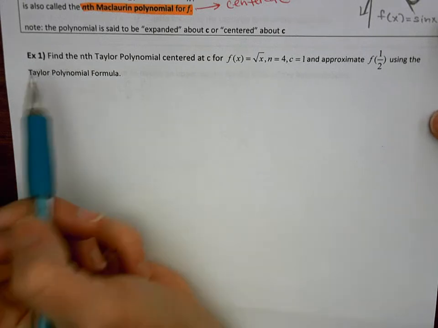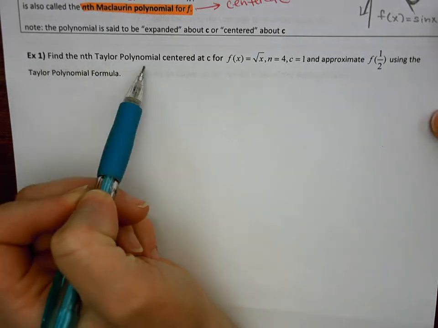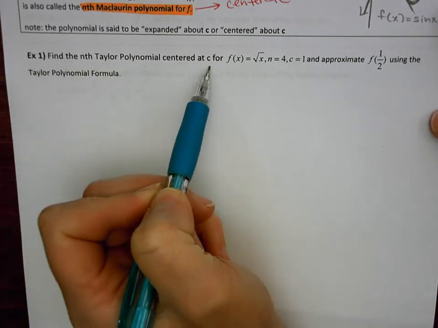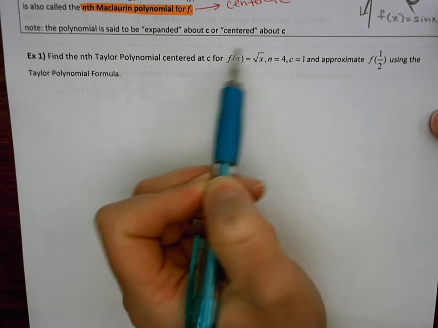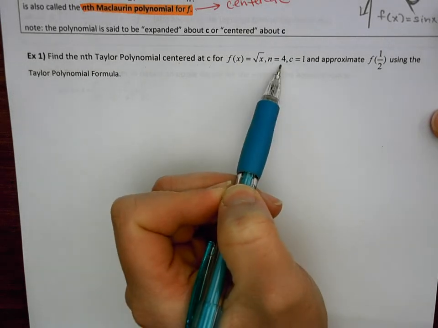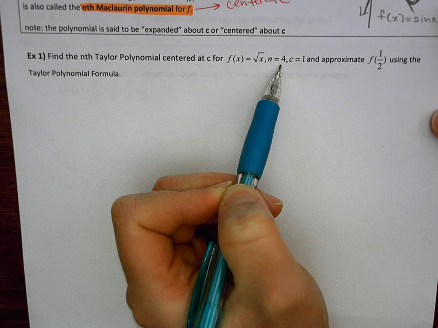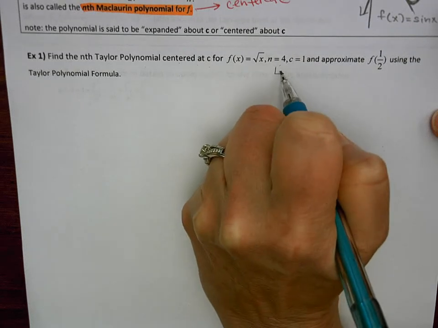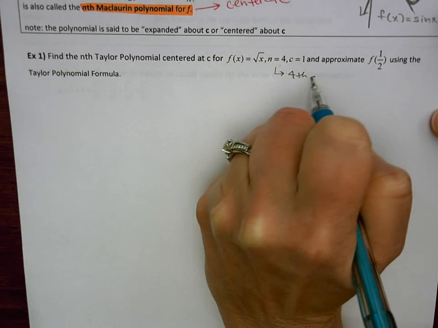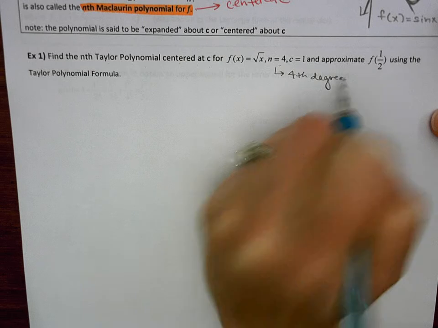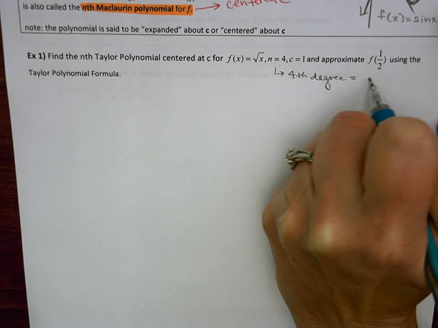Okay, so the directions say to find the nth Taylor polynomial centered at c for my function, the square root of x. And I want this to be out to the 4th degree, so we will need 4 derivatives.